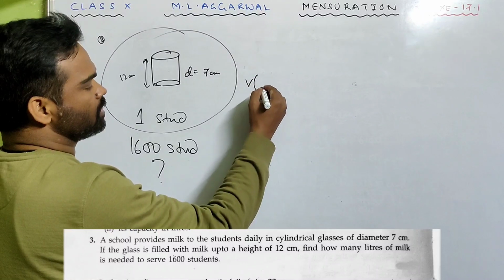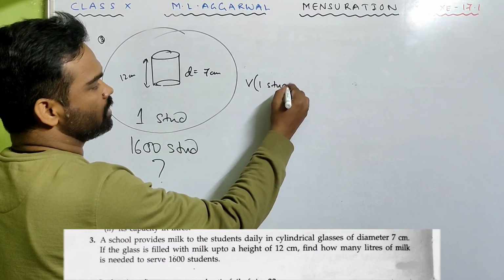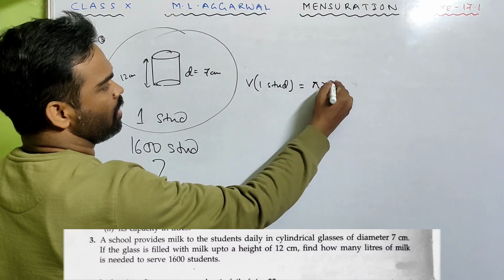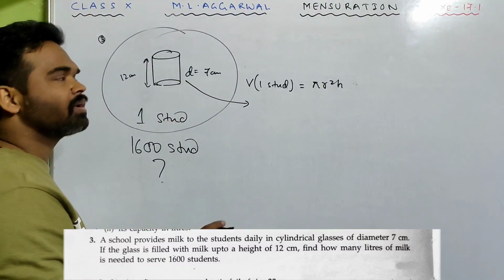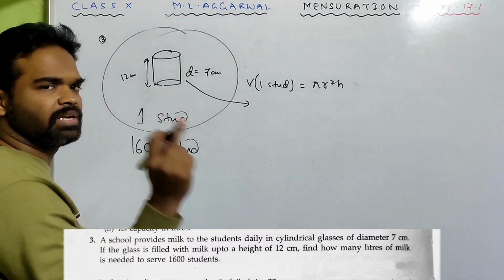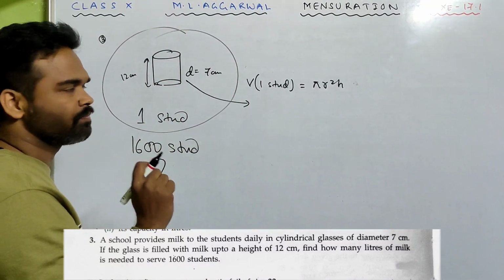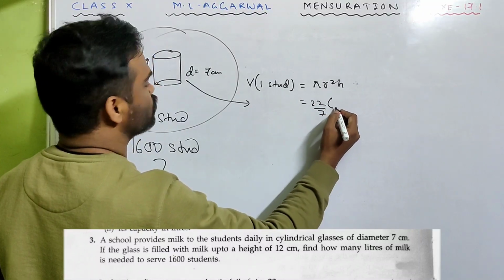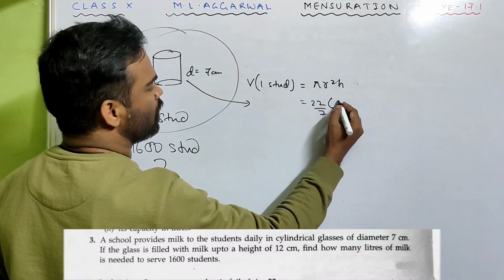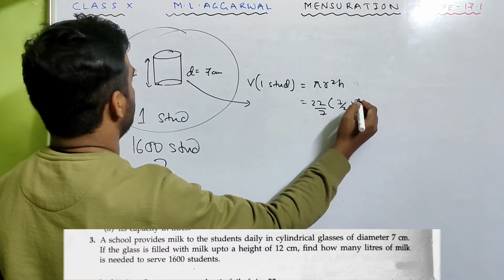Volume of milk served to one student is pi r square h. That's the volume of this glass, the volume of the milk, which is in the shape of a cylinder. So that will be 22 by 7, r square means diameter is 7, r will be 7 by 2 whole square, h is 12.